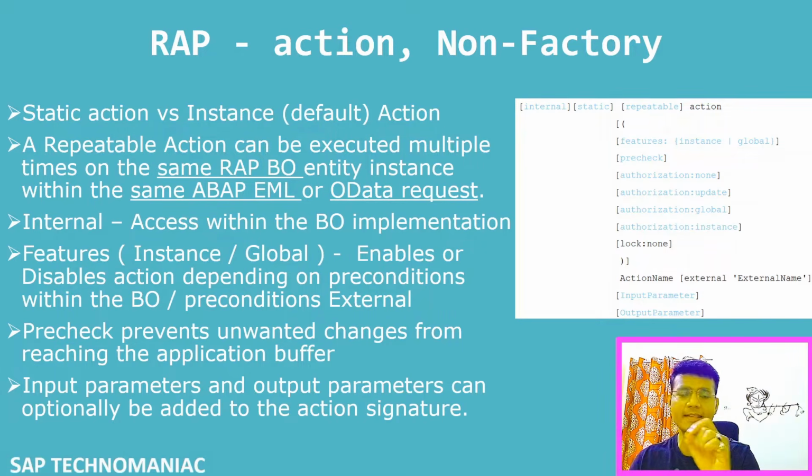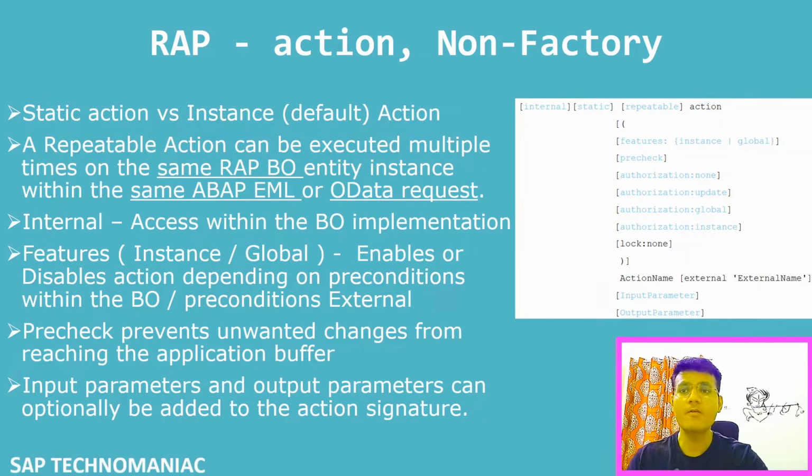Authorization for the actions: we can enable and disable authorization as per our requirement. For example, if you specify authorization none, no authorization will be performed when you execute that particular action. You can delegate the authorization object to either the update, global or instance authorization.